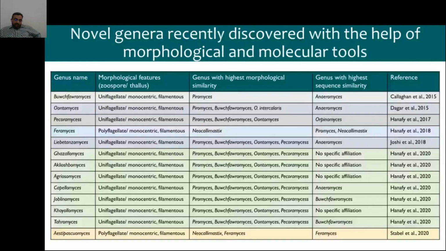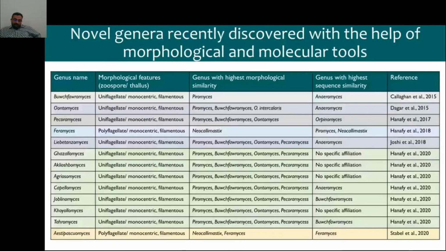However, this particular genus had highest sequence similarity with Piromyces and a few sequences with Neocallimastix. Similarly with other recently described genera like Liebetanzomyces, even though it was similar to all monocentric uniflagellate genera, its highest sequence similarity was with Anaeromyces.